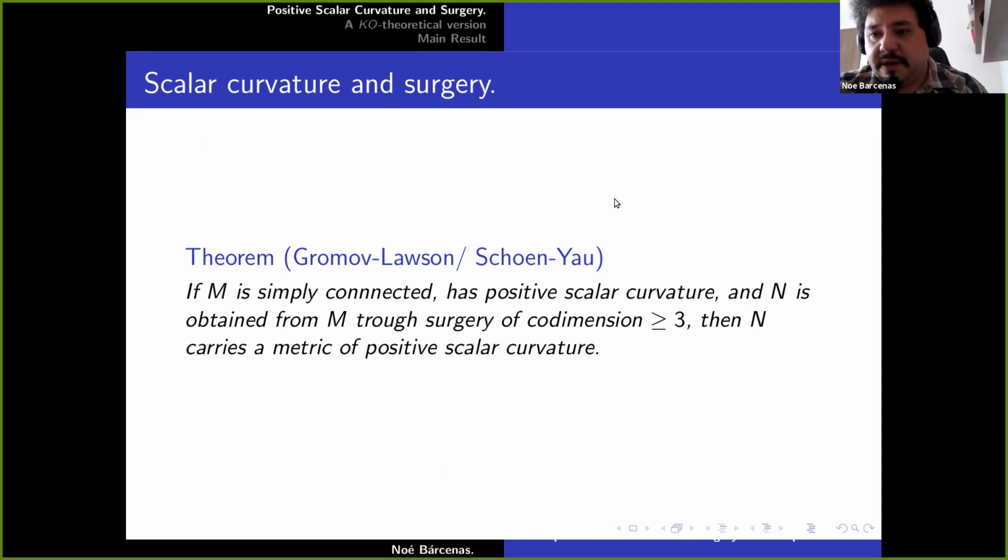You could replace the manifold through spin surgery or spin Bordism, and the question remains valid for the original manifold or the manifold after surgery, and it's completely equivalent.